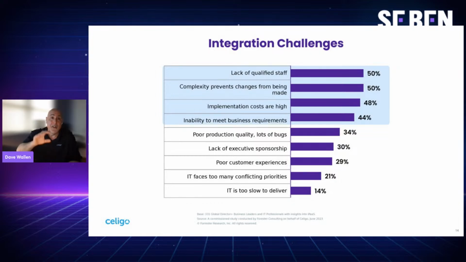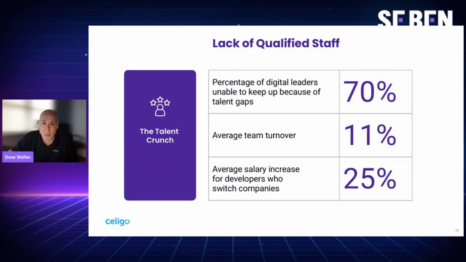When you think about the complexity and that inability to meet business requirements, with a traditional iPaaS you're not solving the collaboration between business and IT to automate processes and do those sorts of integrations. Those are things that we want to address.